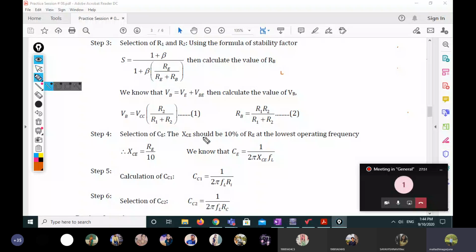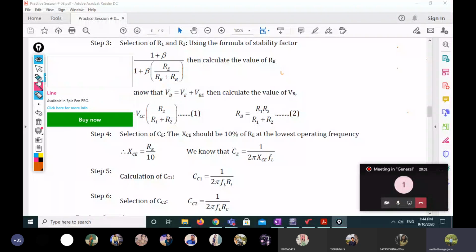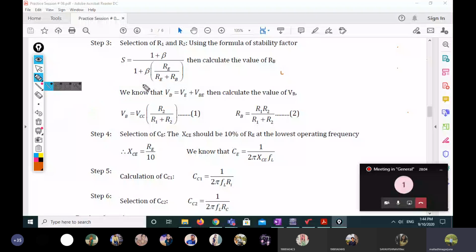How to calculate R1 and R2: we know the stability factor is equal to 1 plus beta by 1 plus beta into RE by RE plus RB. This is the stability factor equation for the voltage divider bias network.